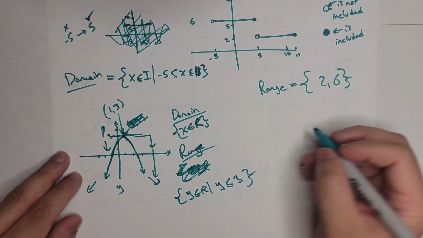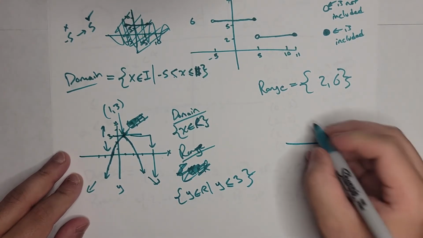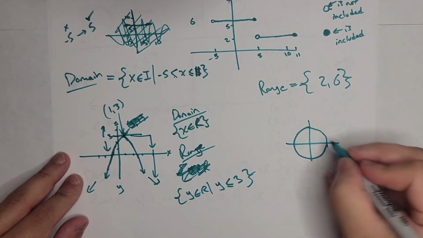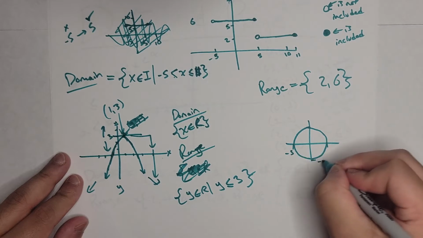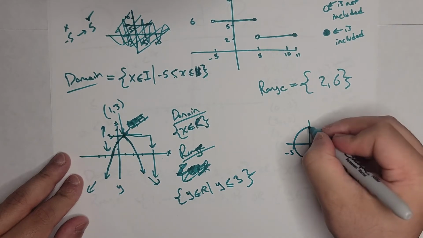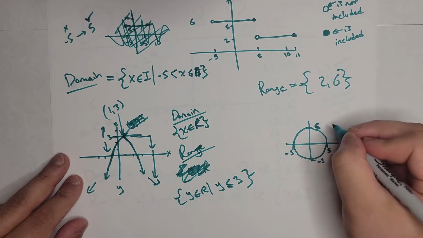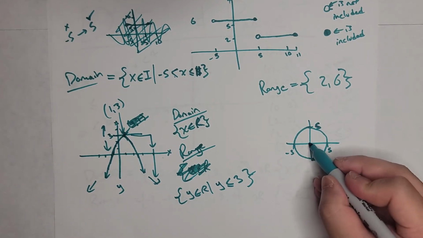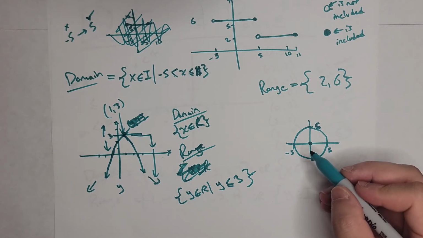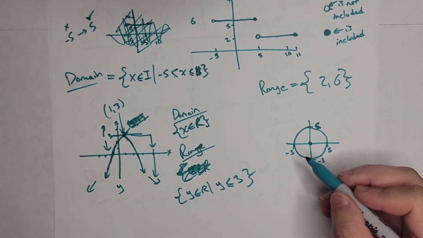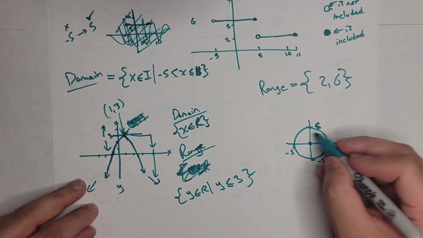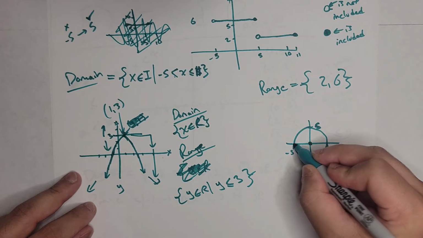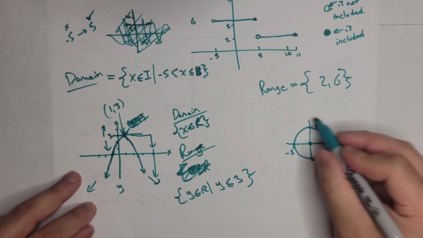And if you wanted, we could even do, let's say we had a circle with a radius of 5, and its center was at the origin 0. We know that our x and y values will go all the way from, let's do our x first.